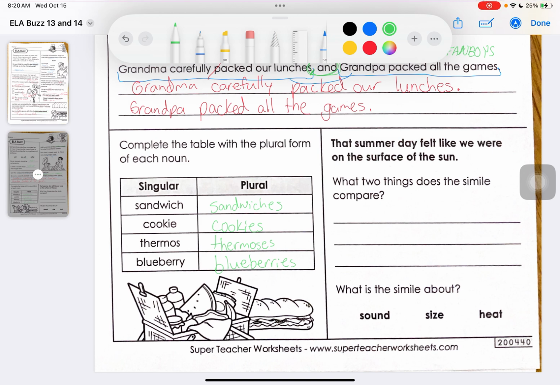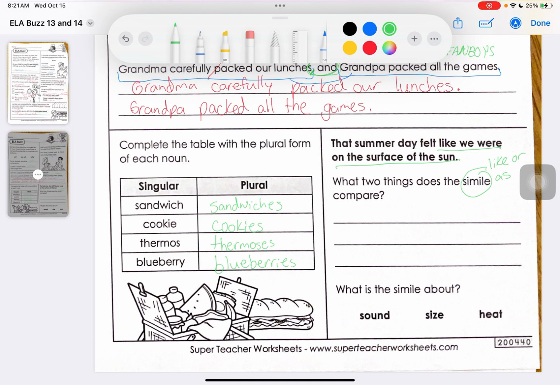That summer day felt like we were on the surface of the sun. This is a simile because it uses like or as. What two things does the simile compare?